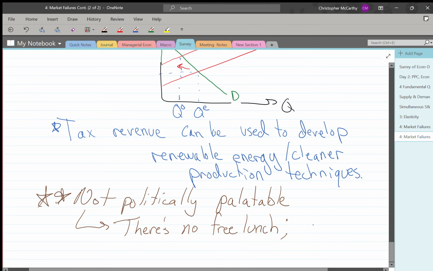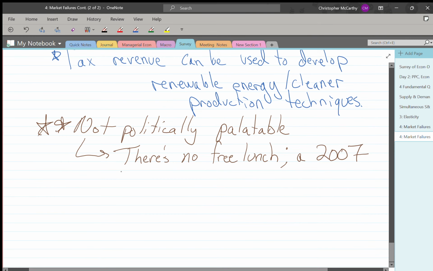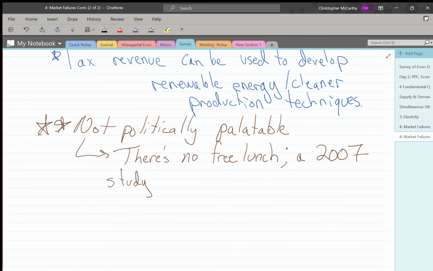So a 2007 study, and I haven't looked at this study, so I'm always very suspicious of studies until I take a look at them and their assumptions and how much it was reviewed and how many times it was done, and so on and so forth. But it makes sense also that this would happen.